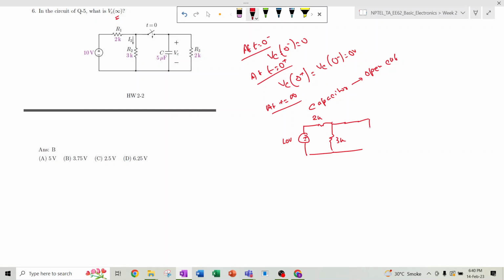The capacitor is now open circuit, and here there is 2 kilo ohm.